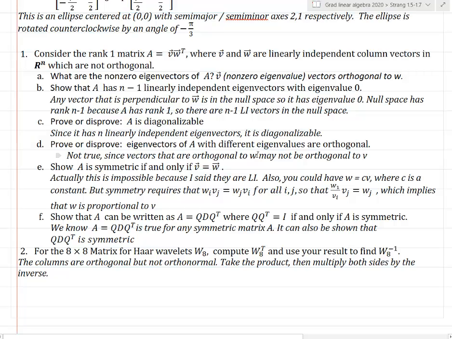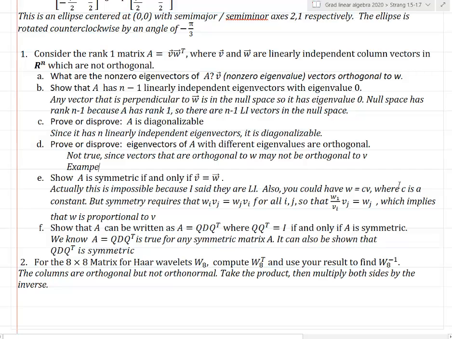So we can actually get an explicit example. The example would be I could take V and subtract its projection onto W, and that would not be orthogonal to V, but it would be orthogonal to W. So let me just give that example. How would you do the projection?